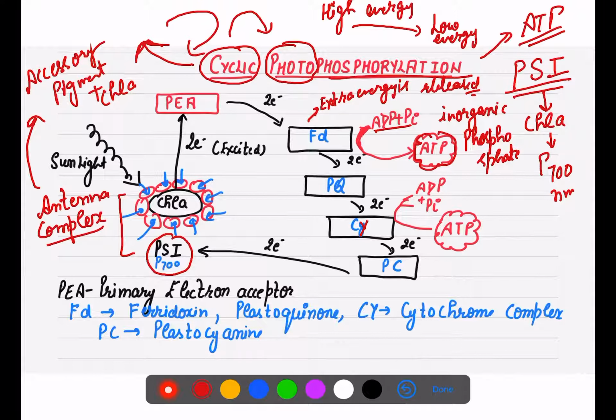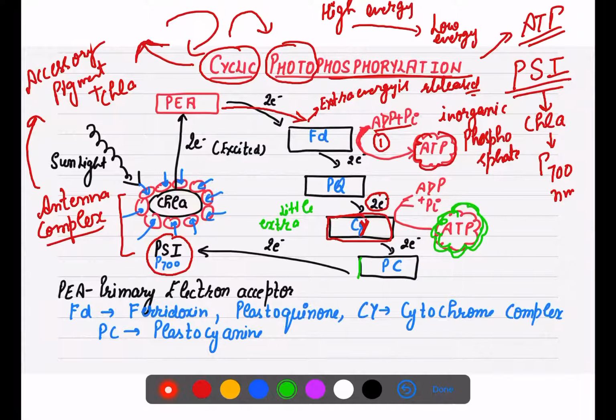That is, the first ATP is formed when electrons move from the primary electron acceptor to ferredoxin. Now the second: PQ transfers the pair of electrons to the cytochrome complex. Once they are received by the cytochrome complex, a little more extra energy is released here and another molecule of ATP is formed. So two molecules of ATP are formed here in cyclic photophosphorylation.